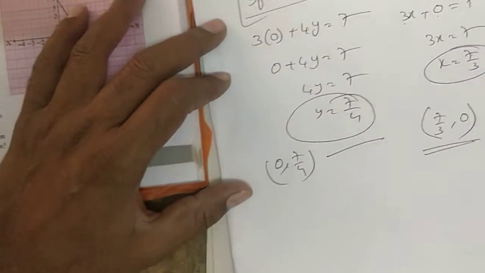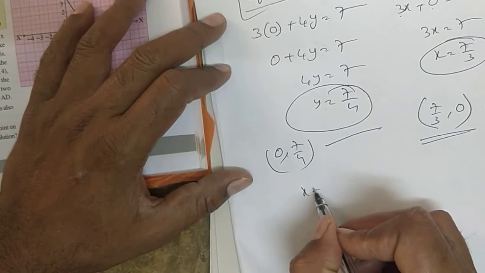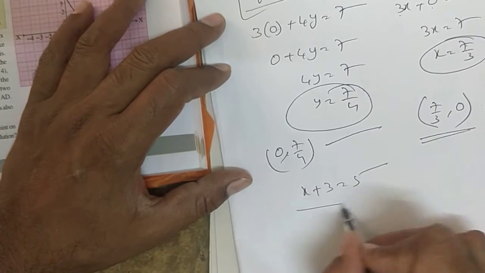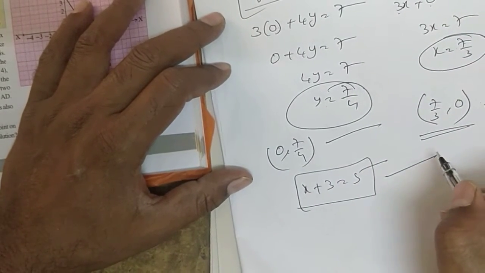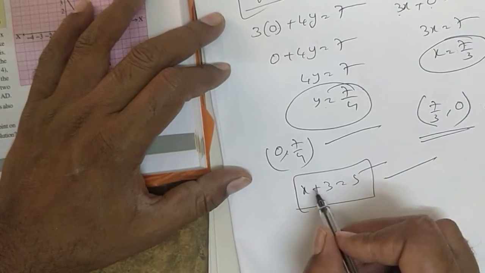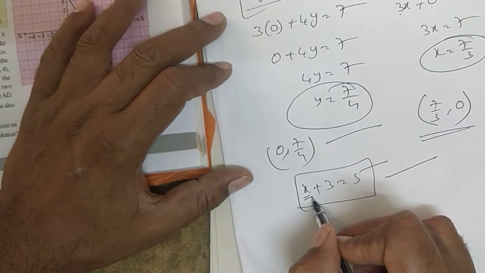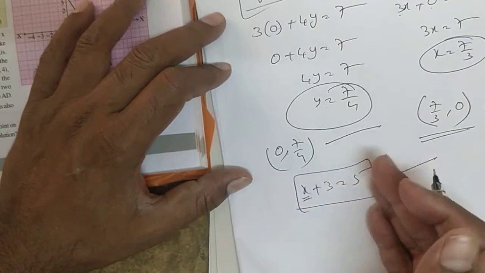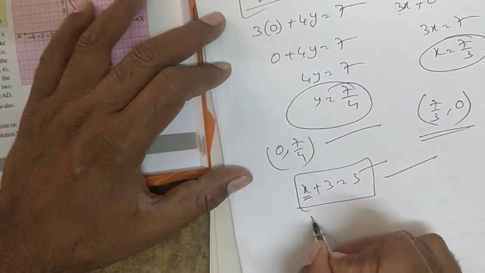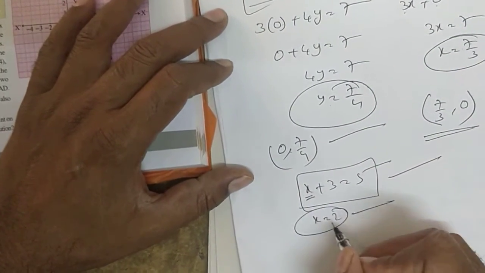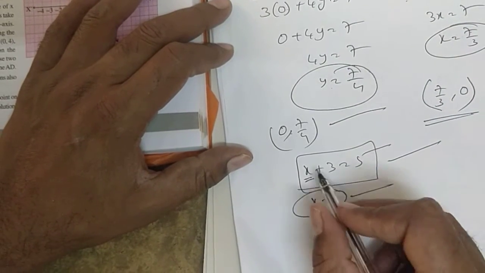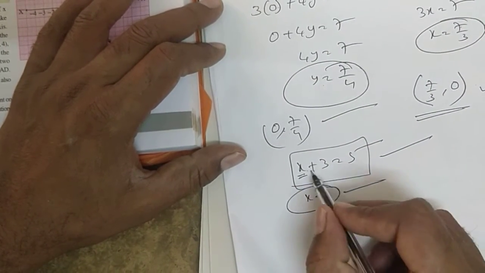Solution means, see, x plus 3 is equal to 5 is one equation. x plus 3 is equal to 5 means which value you have to keep in place of x to make LHS equal to RHS. Here x is equal to 2, only one value you are getting. It is a solution for this one.